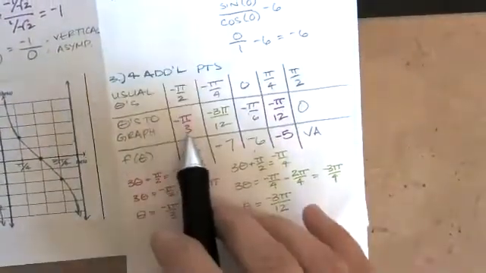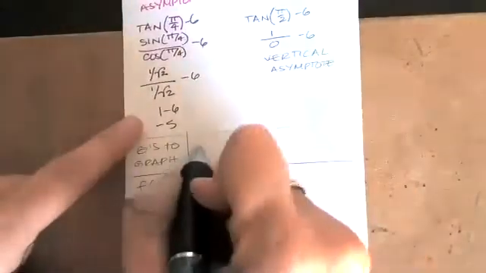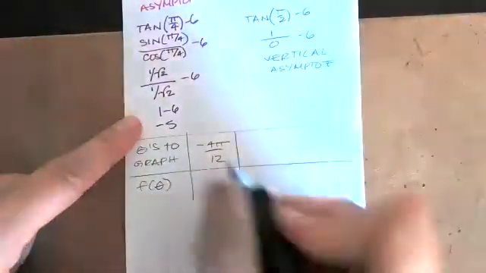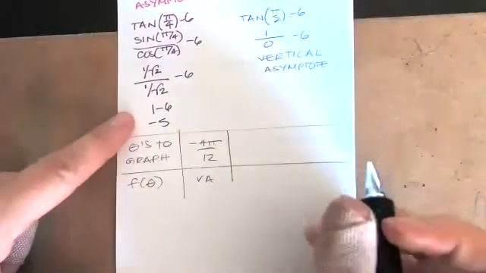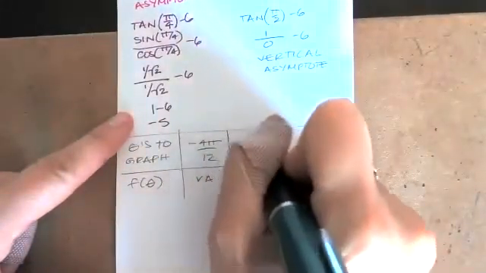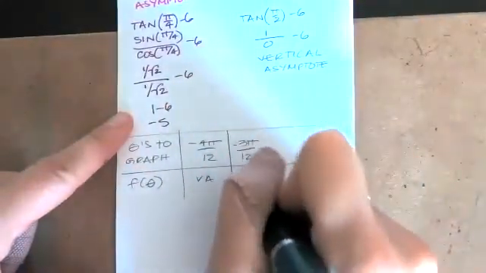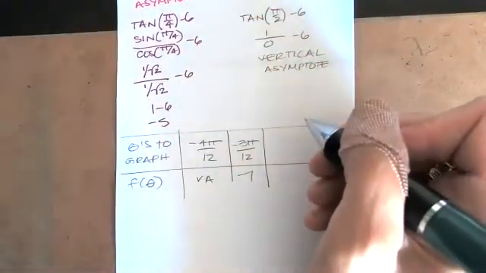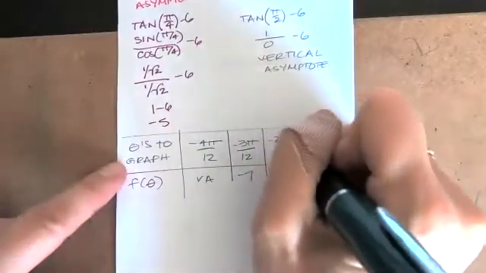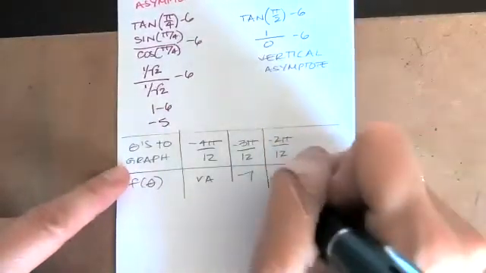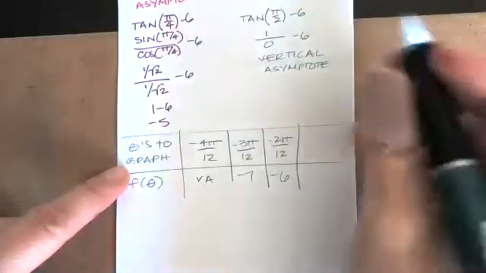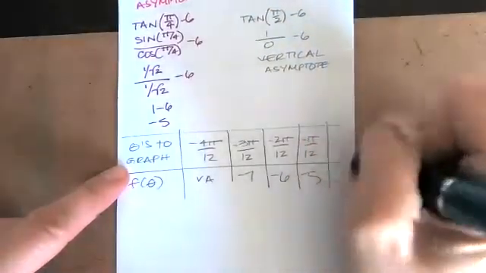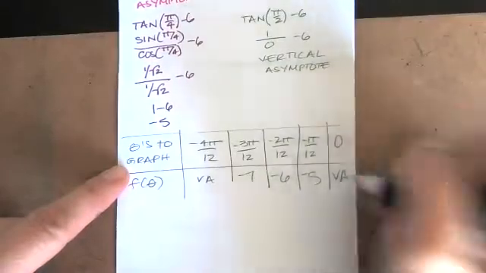So I'm going to multiply this by 4/4. So we'll have -4pi/12, and that was a vertical asymptote. Our next one will be -3pi/12, and we got a -7 there. Then -pi/6 is what we have in the middle. We're going to make that -2pi/12. And this is -pi/12, -5, and this is 0, and the vertical asymptote.